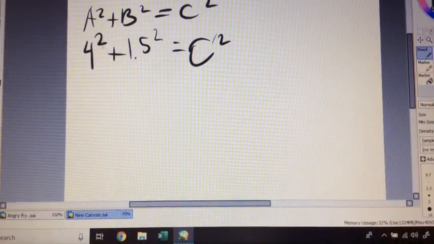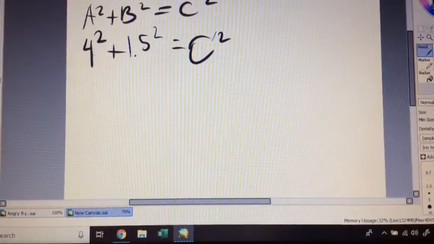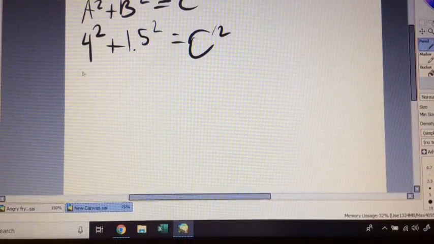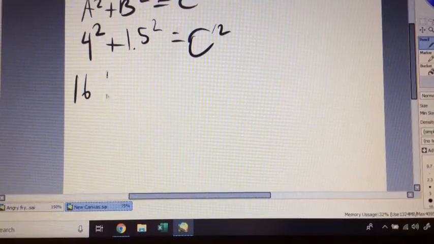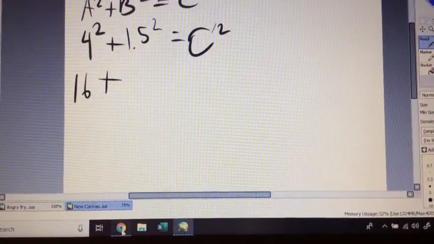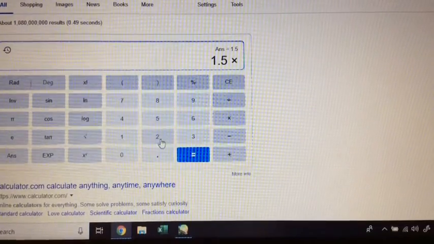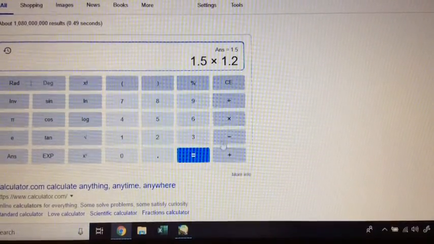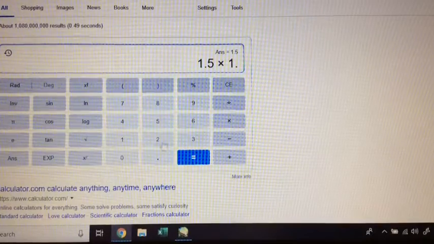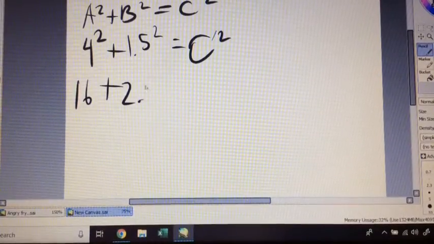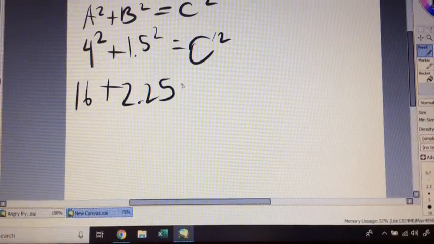When you square a number, you're timesing that number by itself. So 4 times 4 is 16, plus 1.5 squared, which is 1.5 times 1.5, which is 2.25, equals c squared.